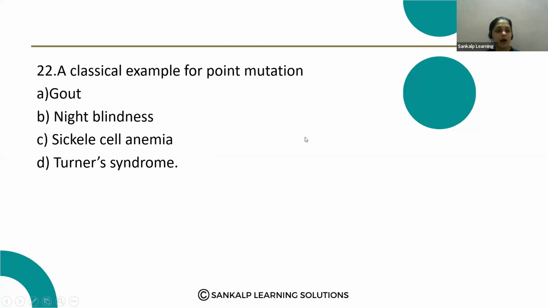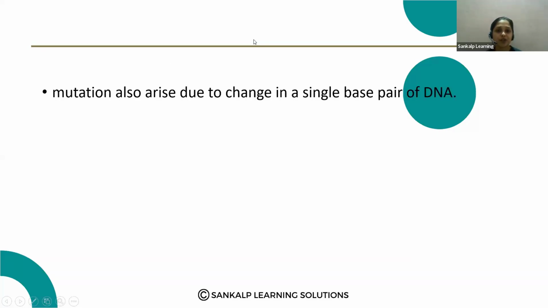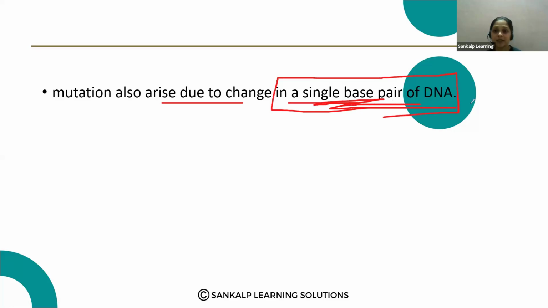Next question. A classical example for point mutation: gout, night blindness, sickle cell anemia, Turner syndrome. So what is point mutation? A mutation that arises due to a change in a single base pair of DNA is called a point mutation.